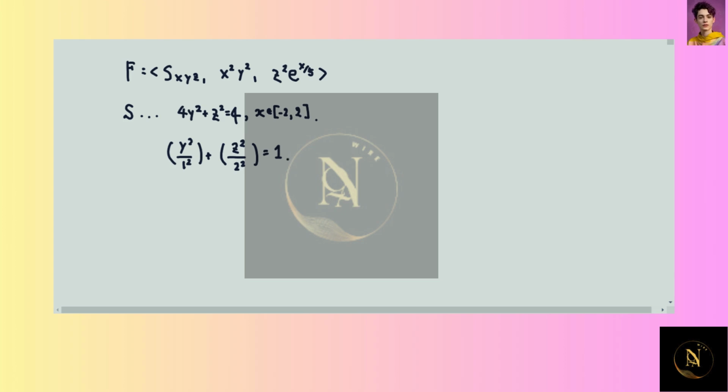And if you recall, this is an equation of an ellipse. So I can draw this in 3 dimensions. Let's call that x. I'm going to make this coordinate y, this my z.